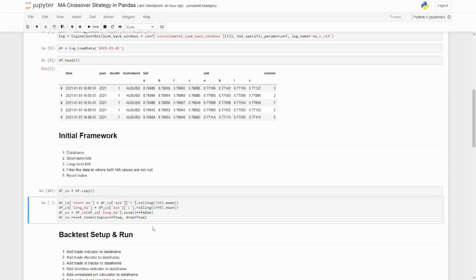Then we're going to create two different columns in our data set. First, we're going to make a short moving average. The way I access my multi-index data frame to do this is I list the name of the column in the first row of my columns in the first index, and then the name of the second column in the second index. So ask, close, we're going to do rolling 360.